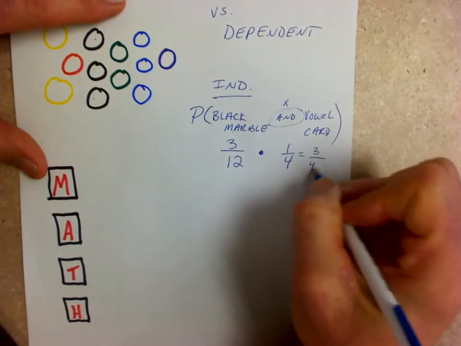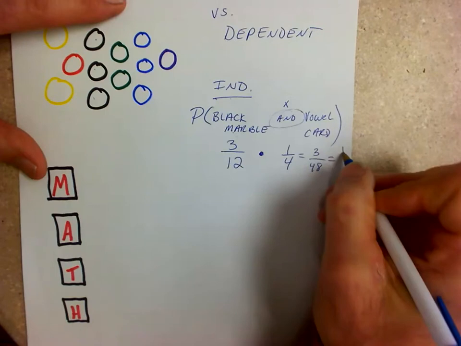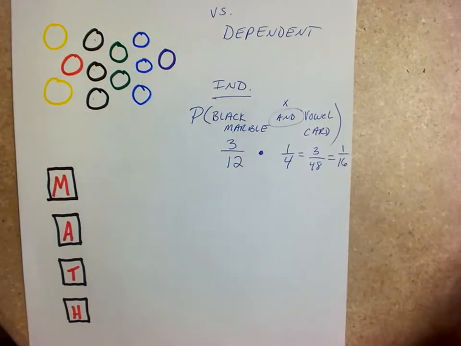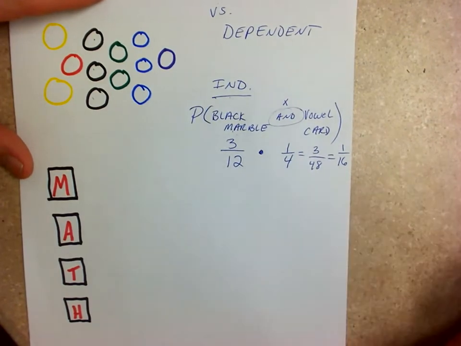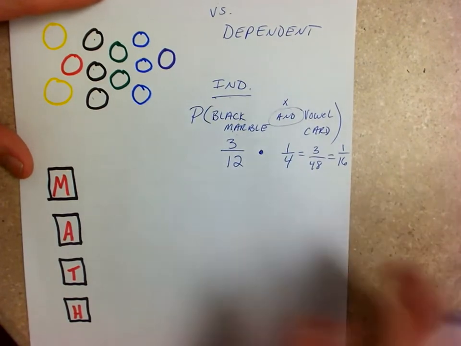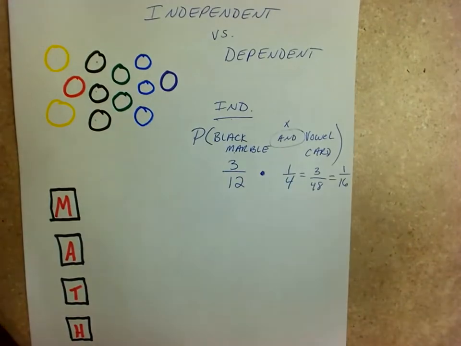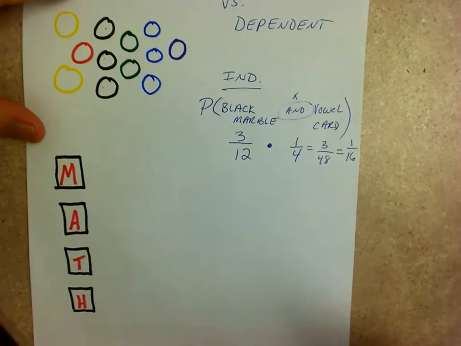So we get 3 over 48, which simplifies down to 1 in 16. So the chances that those two activities happen at the same time, 1 in 16. Again, those would be independent events because the first does not affect the second.